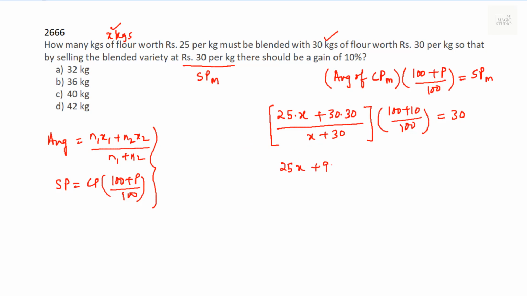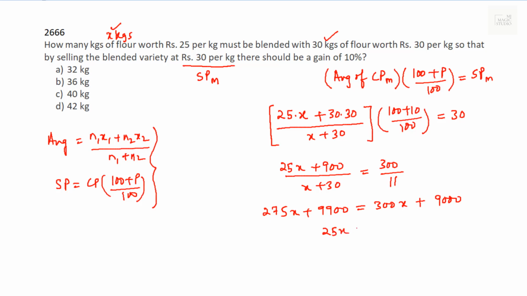So 25x plus 900 by x plus 30 equals 300 by, here we will be left with 11. 275x plus 9900 equals 300x plus 9000.